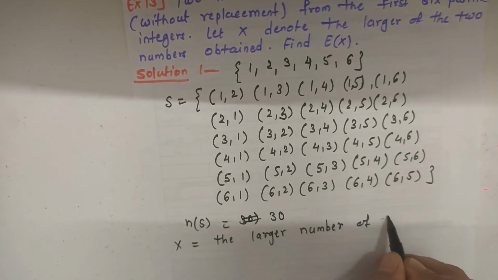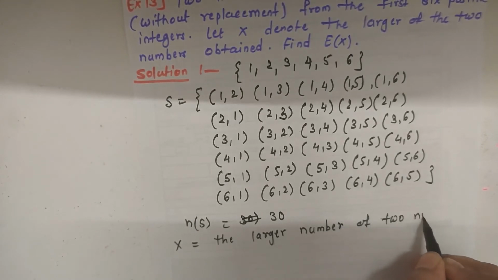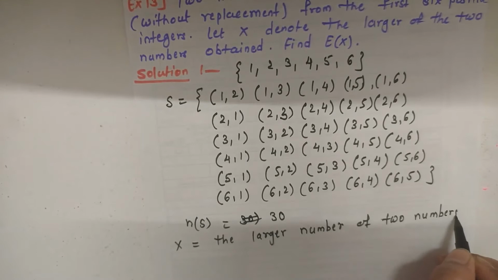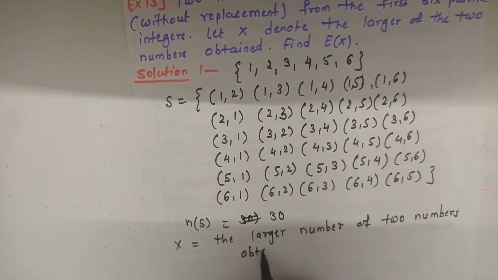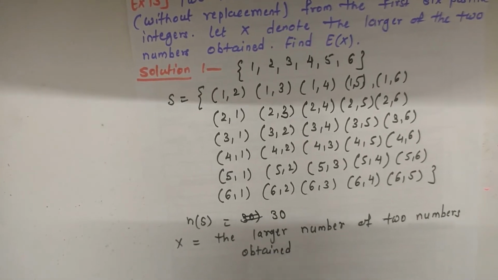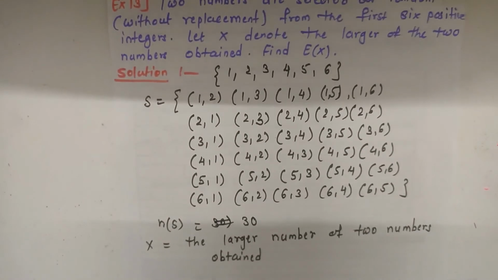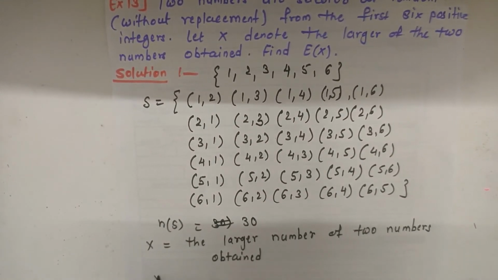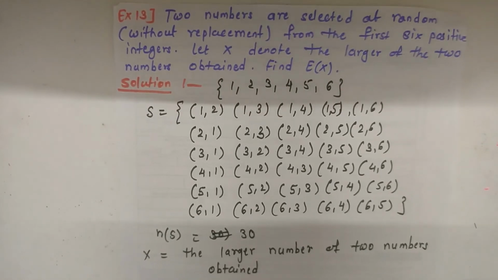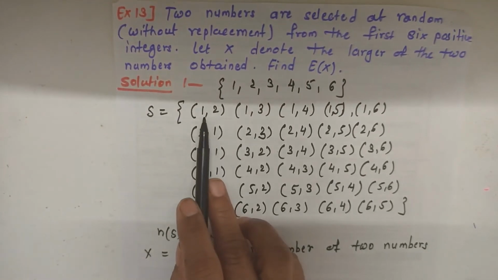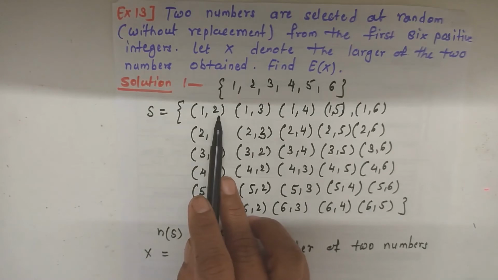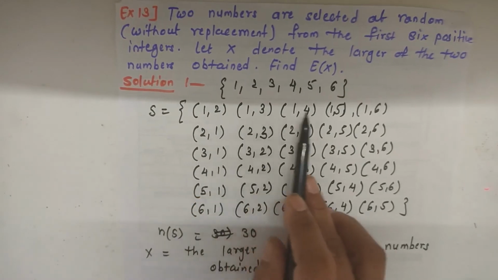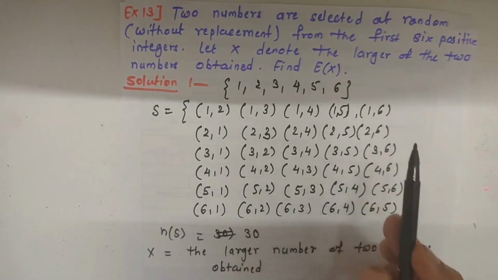of the two numbers of the pair. So the possibilities of the larger number of the two numbers are 2, 3, 4, 5 and 6.